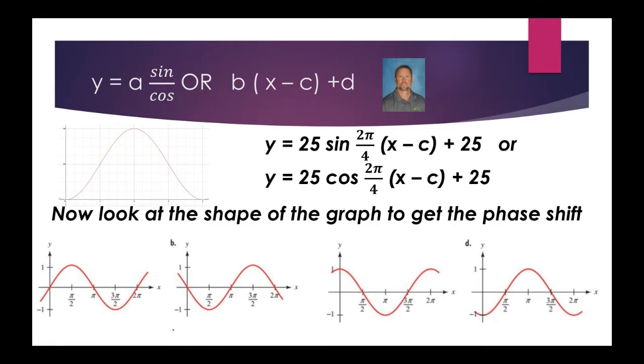A negative cosine starts at the bottom. So you could look and say, hey, look at my graph that I made with Mr. Klein. Mr. Klein's graph is definitely, if you look at the fourth one there, that's right, it's a negative cosine graph in shape. So you would need no phase shift if it's a negative cosine.